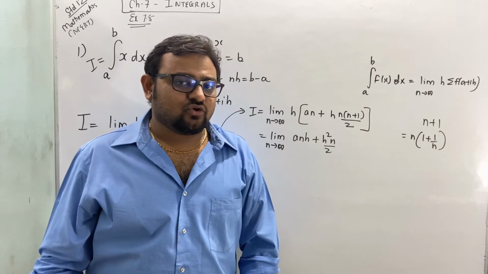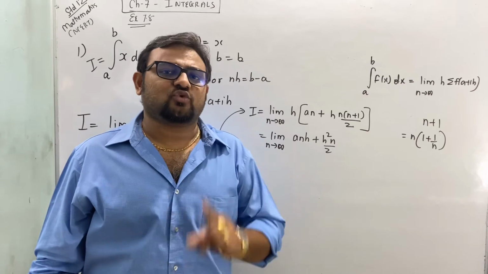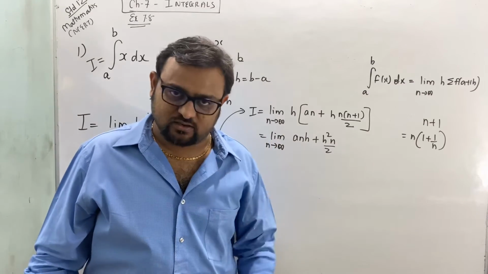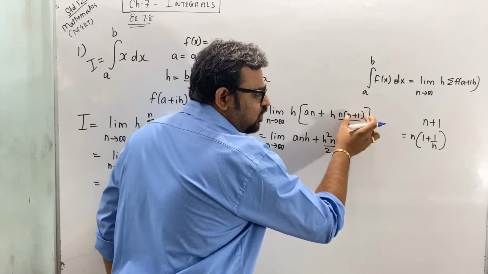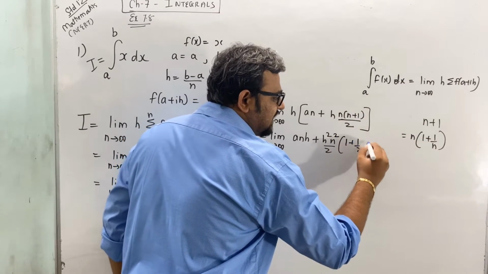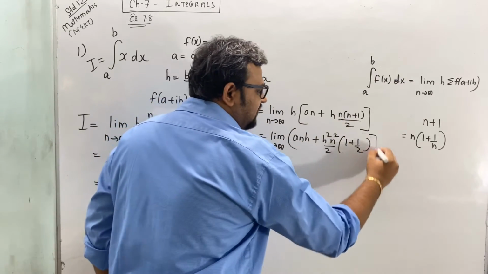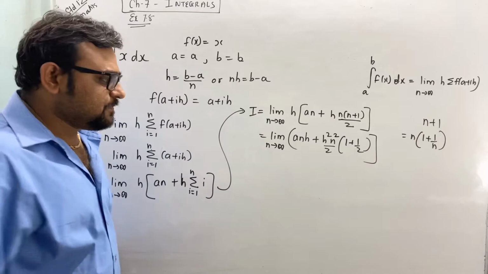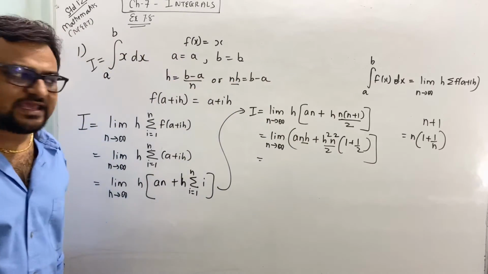Clear? So in this type of sum, we are going to take n common. One n it is already having, and one n I am taking common from this, so it's n square, and 1 plus 1 by n, with this 2 taken out. So this is the final thing. Now we have the value of nh as b minus a.